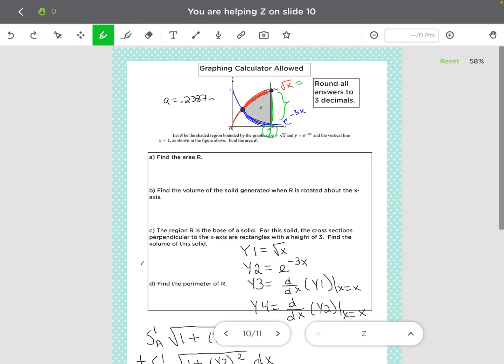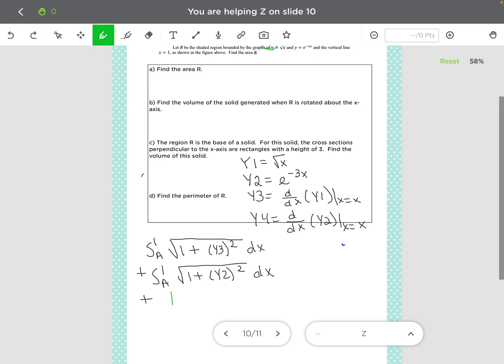I know at x equals 1, this value is exactly 1. Here at x equals 1, this is exactly e to the negative 3. And e to the negative 3 is a pretty small number if you type it into your calculator. So to find this vertical distance, you would do 1 minus e to the negative 3, which will give you like 0.9502 something. So I'm going to just write it like this.